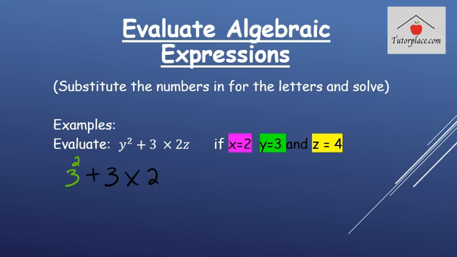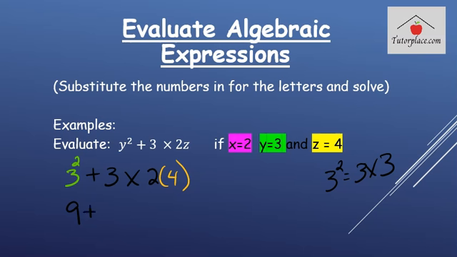And instead of z, I'm going to plug in the 4. Okay, so now I have 3 squared, which is going to give you a 9. Remember, 3 squared is the same thing as 3 times 3.